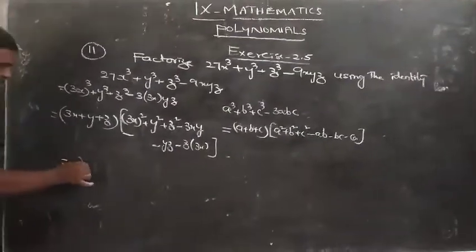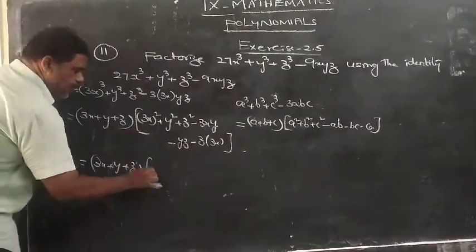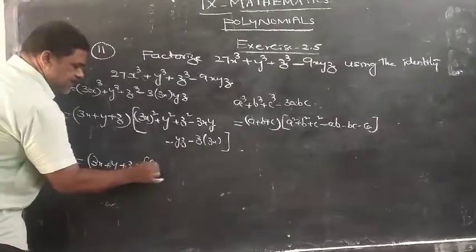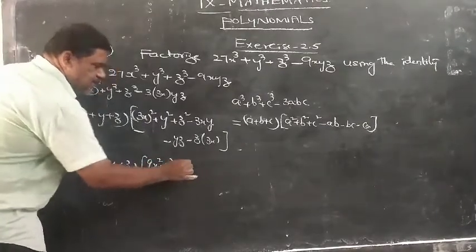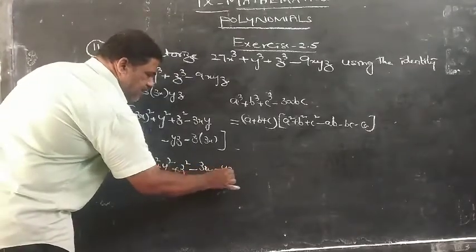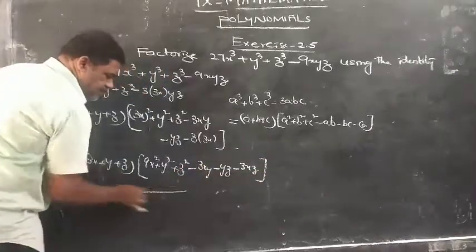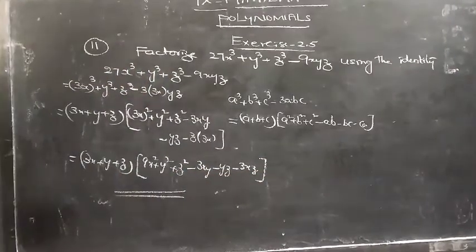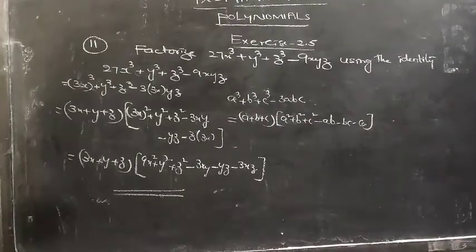So the factors are 3x plus y plus z into 9x square plus y square plus z square minus 3xy minus yz minus 3xz. So tomorrow we will continue.